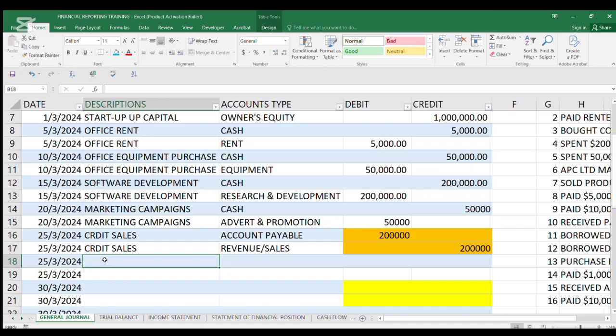So what we need to do is to say customer payment. This is customer payment. What are we going to do with it? We debit the cash, repeat the same description, and credit receivable.